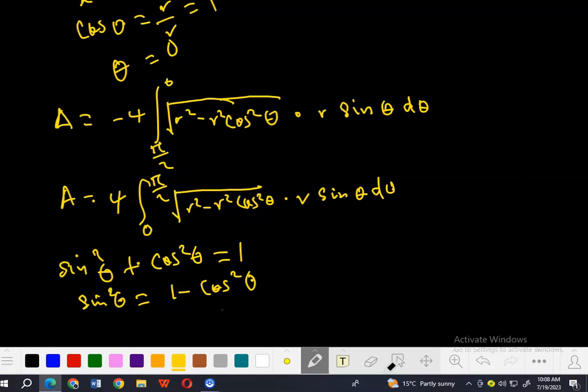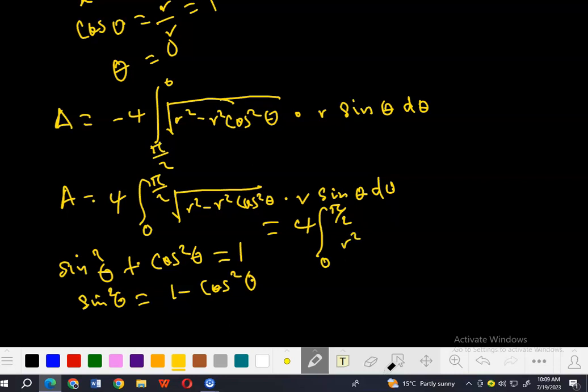Yes. So we are going to take the whole of this one, because this one can be written as 4 times the integral from 0 to pi over 2 of r squared.